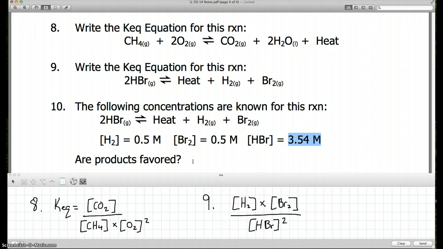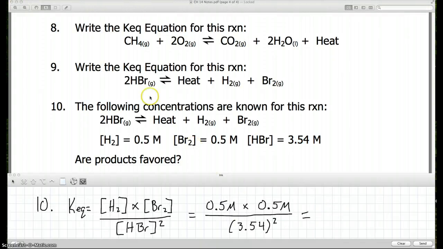So I would give you these numbers, and after you have written the KEQ equation for it, you can plug those numbers in and then get your answer. I'm going to pause the video if you want to give that a try. Pause the video, and then you can check your answer in 1 second.